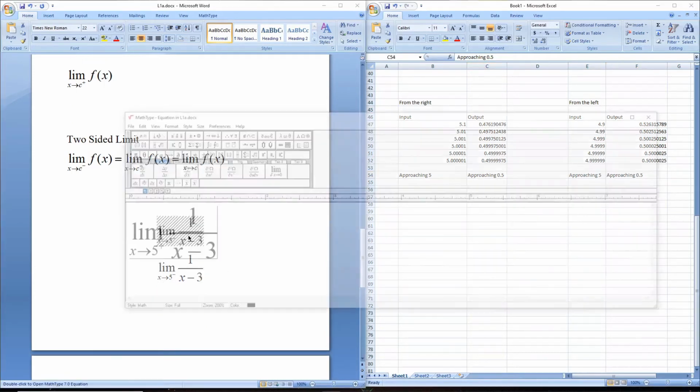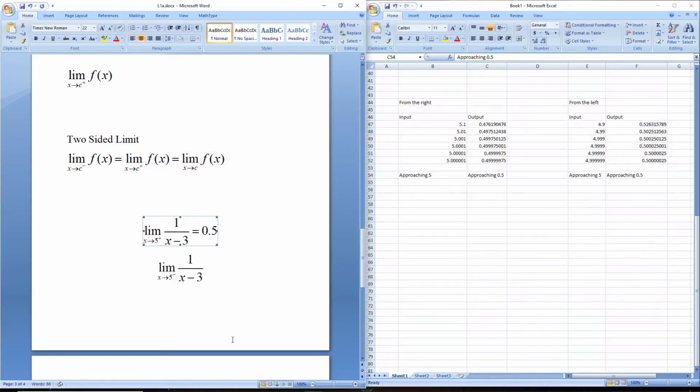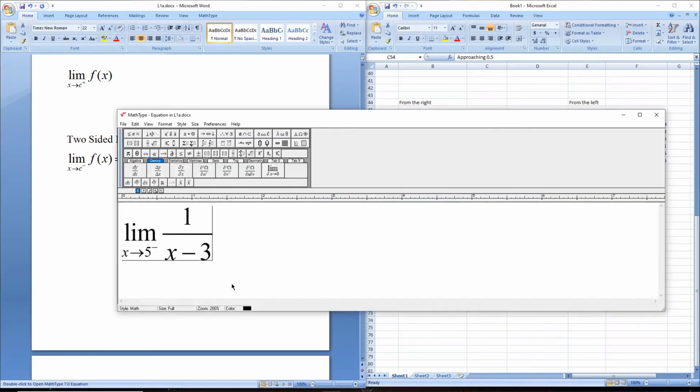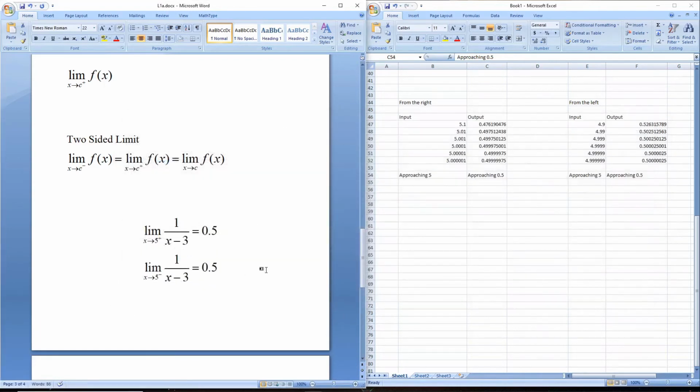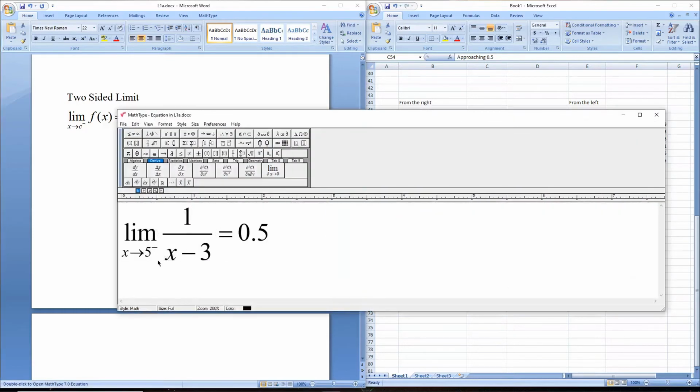So we found from the right, this is 0.5. We found from the left, this also equals 0.5. When the left and the right are equal, we then have a two-sided limit. And so we can take this expression and then write it without this superscript.